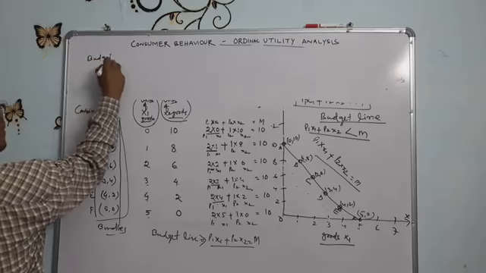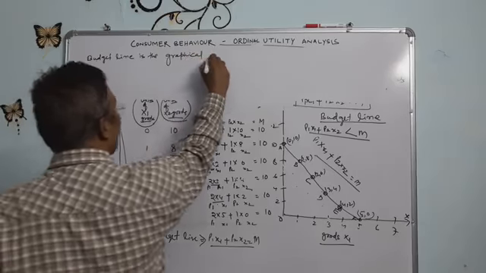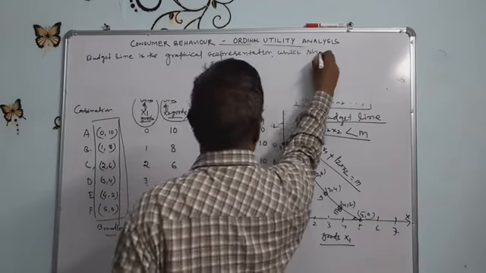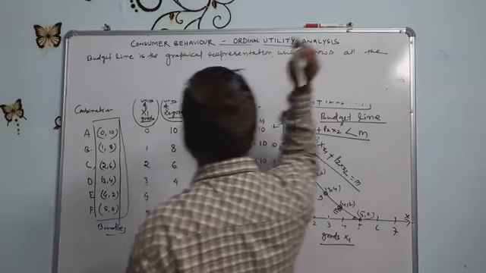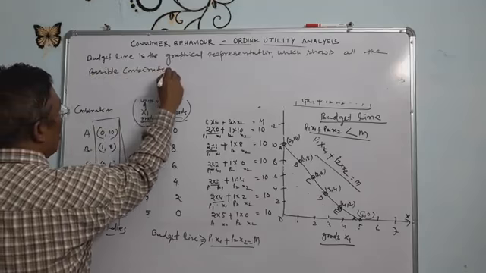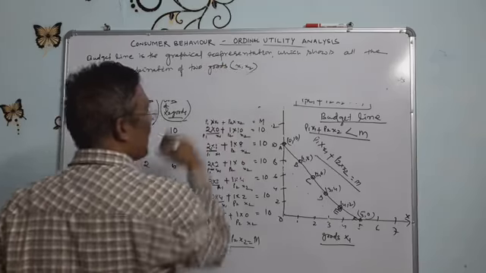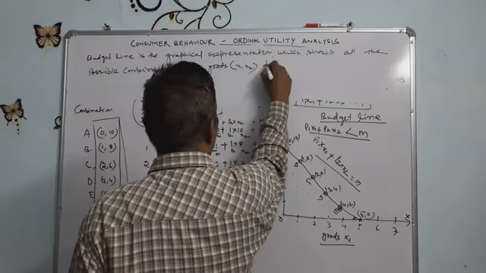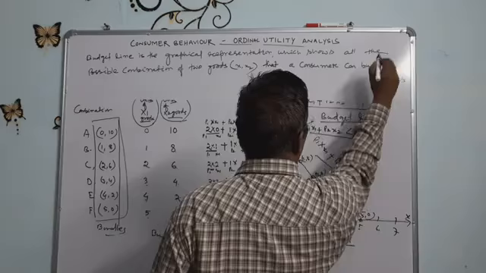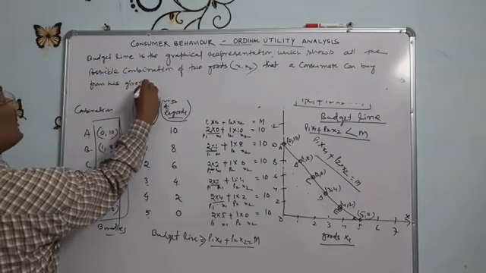Budget line is the graphical representation which shows all the possible combinations of two goods, that is x1 and x2 in my example, that a consumer can buy from his given income.